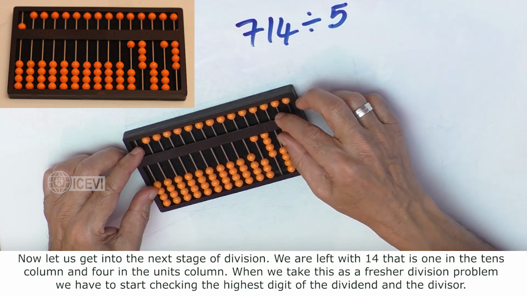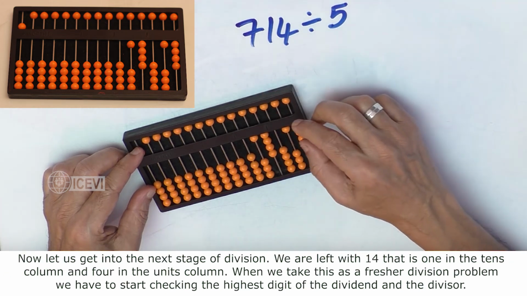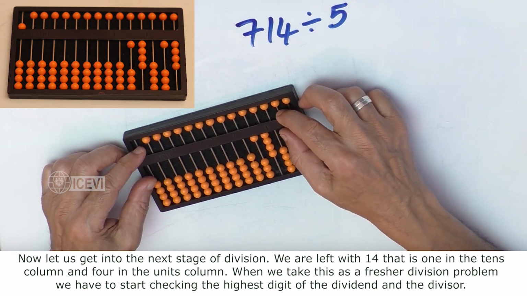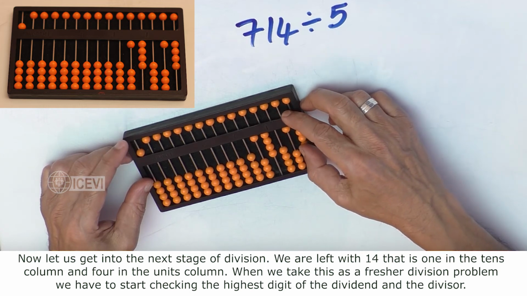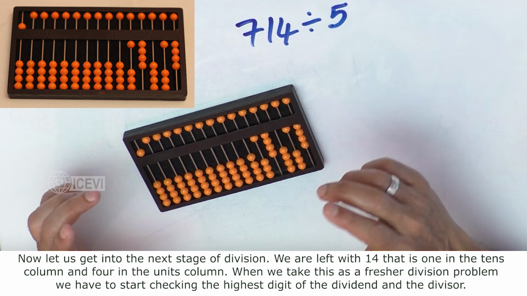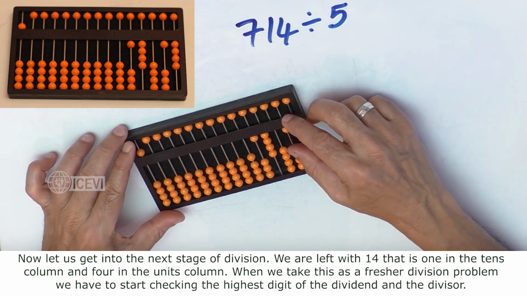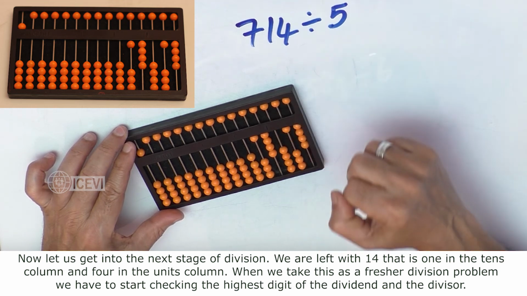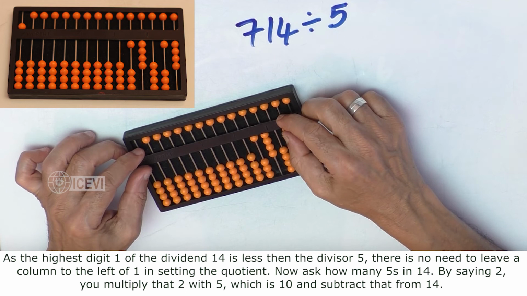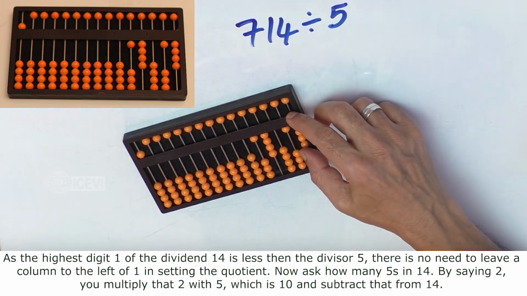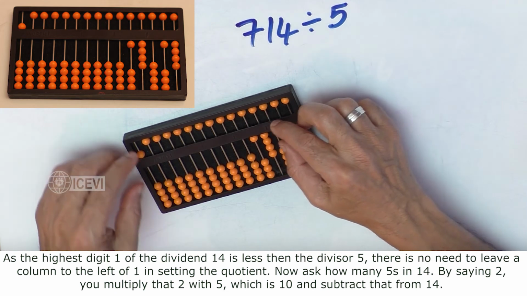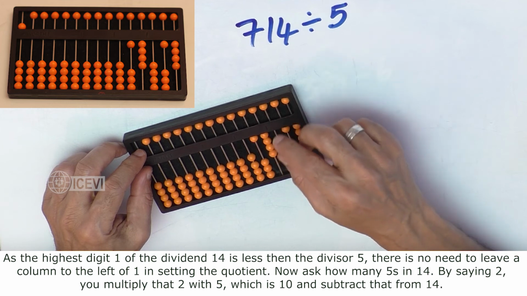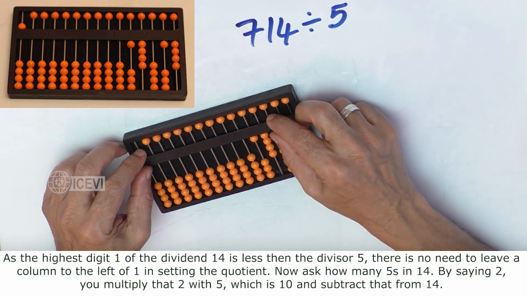Now let us get into the next stage of division. Now we are left with 14 in the dividend, that is 1 in the tens column and 4 in the units column. When we take this as a fresh division problem, we have to start checking the highest digit of the dividend and the divisor. As the highest digit 1 of the dividend 14 is less than the divisor 5, there is no need to leave a column to the left of 1 in setting the quotient.